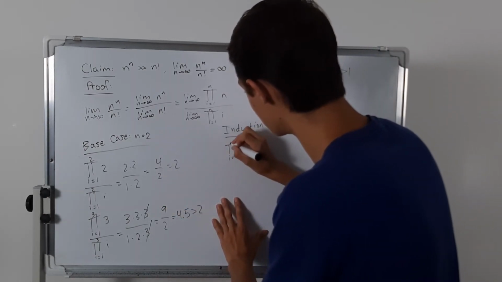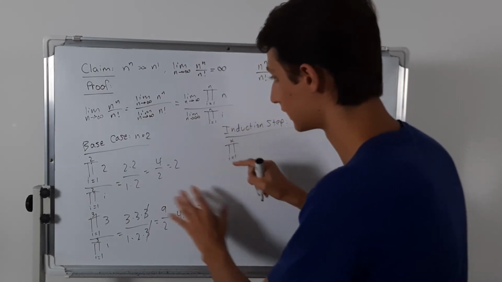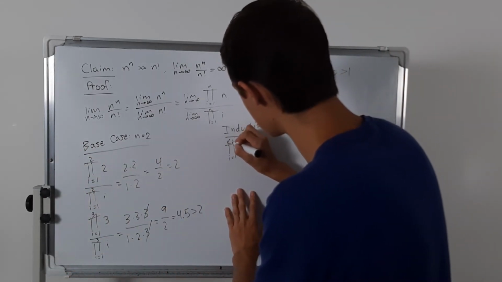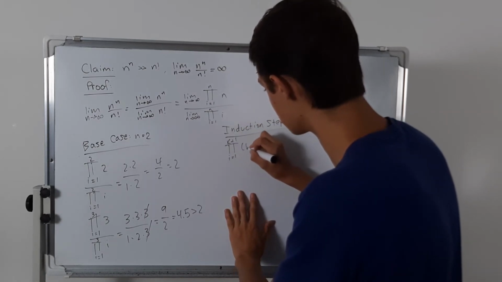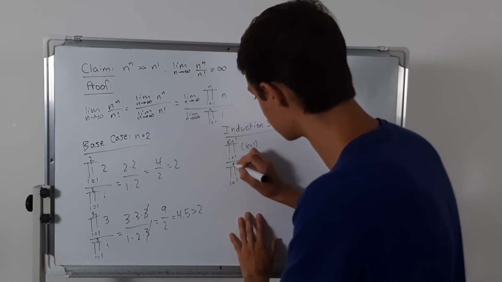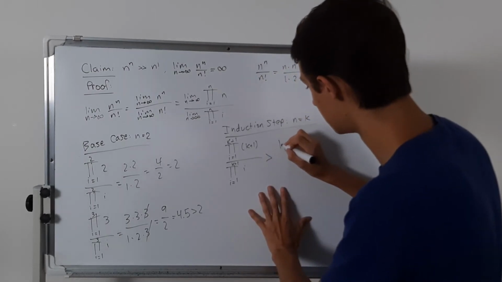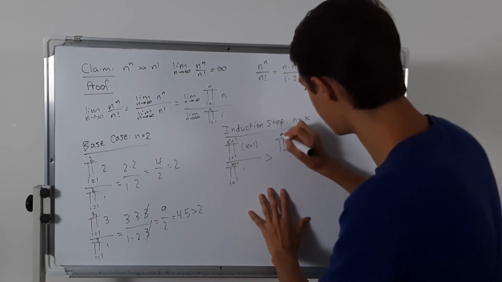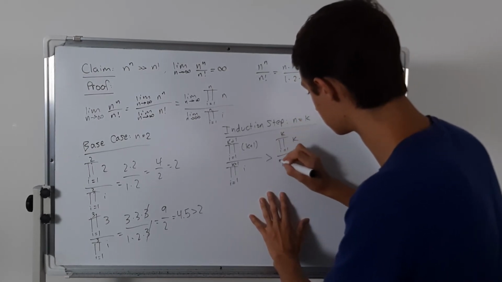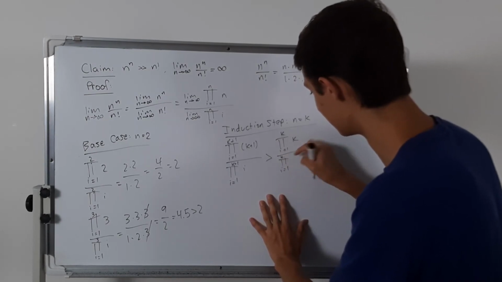We can write this as an inequality instead of writing them separately. So the product from i equals 1 to k plus 1 of k plus 1, over the product from i equals 1 to k plus 1 of i, we want to show that this is bigger than the product from i equals 1 to k of k over the product from i equals 1 to k minus 1 of i.